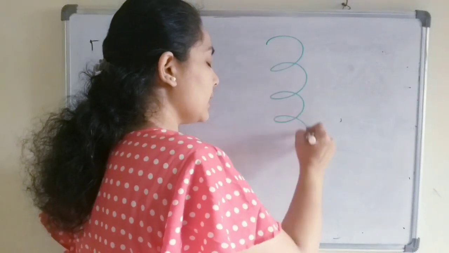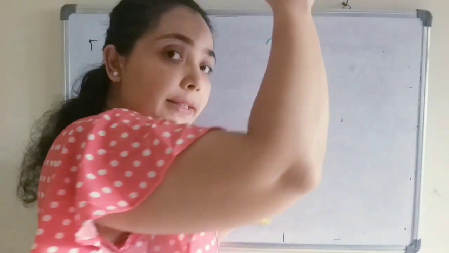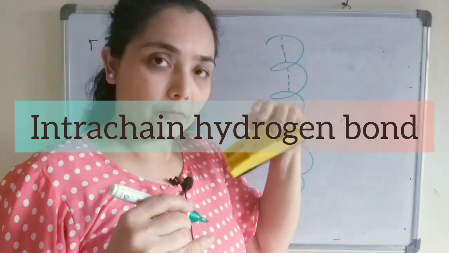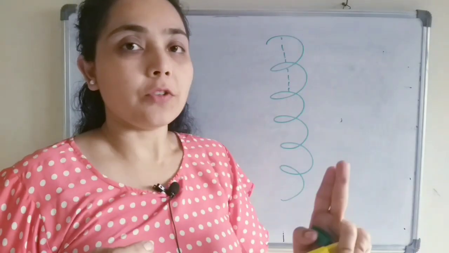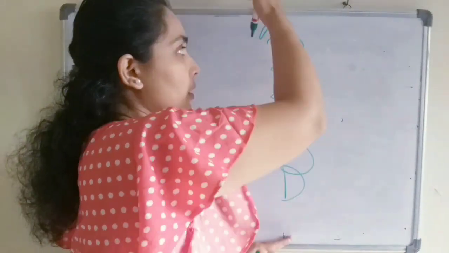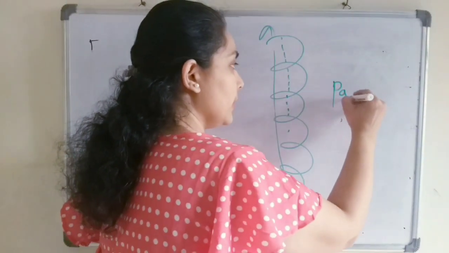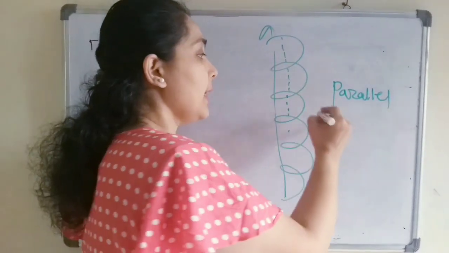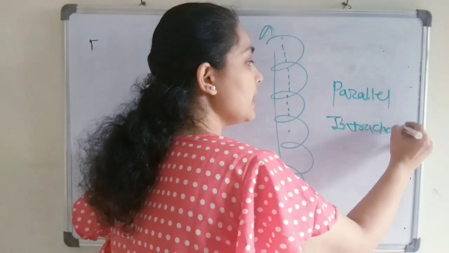Hydrogen bond formation will take place within the same polypeptide chain, and it is parallel to the axis of the helix. So if this is the axis of the helix, the hydrogen bond is parallel. These are the two important things: the hydrogen bond is parallel to the helix and it is intra-chain, within the same polypeptide.